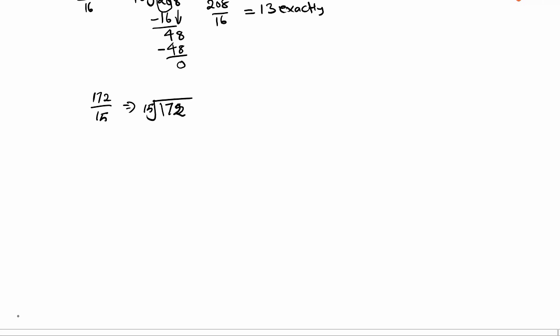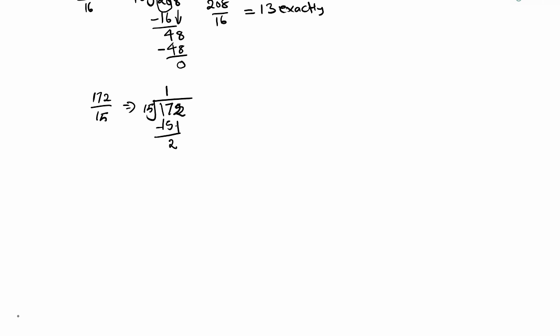And again, 15 divided into 1 is impossible, so we combine 1 and 7, so that 15 into 17 is 1. We put 1 above 7, and then 15 times 1 is 15. Subtract 15 from 17, you get 2.